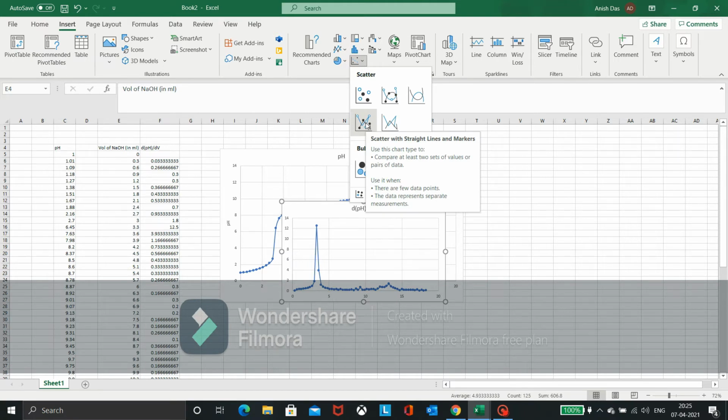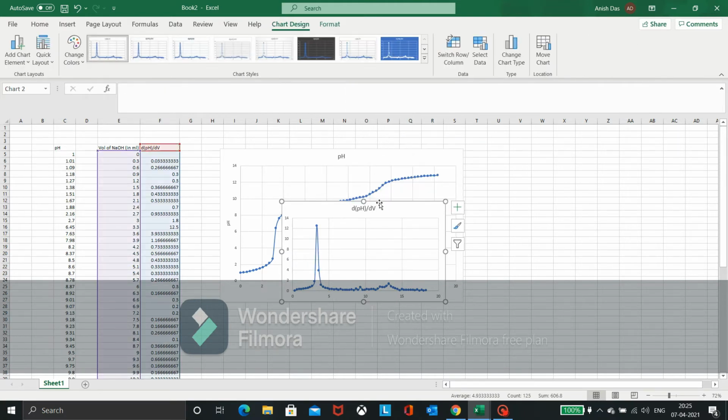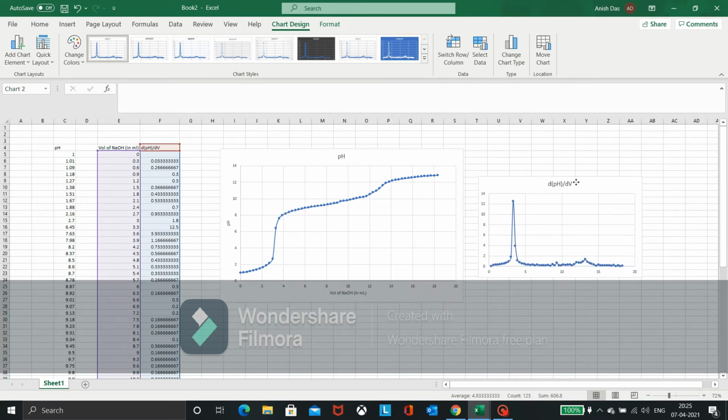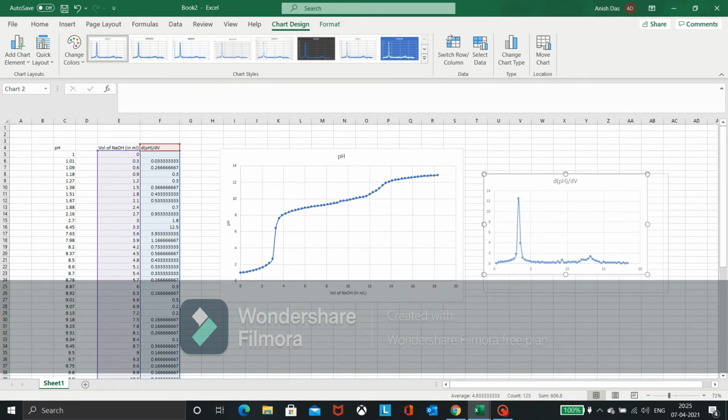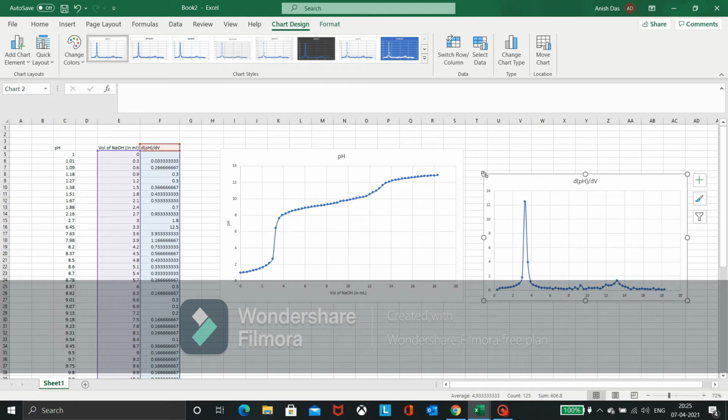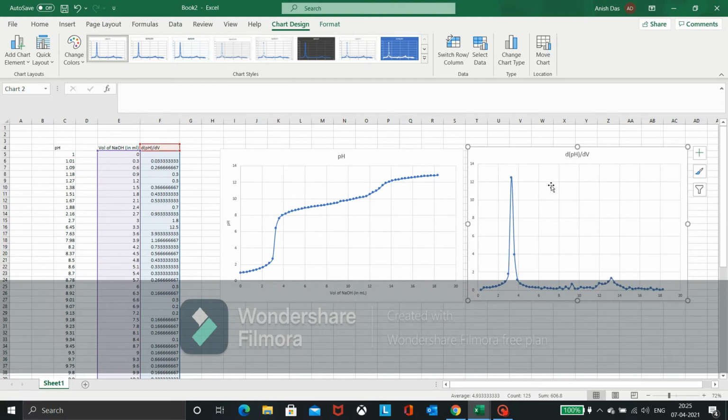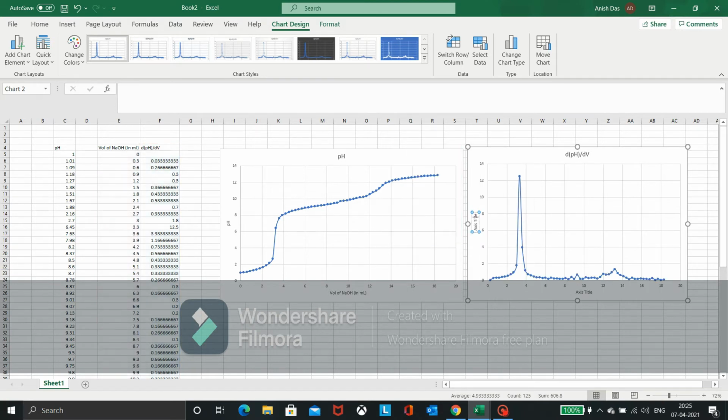Okay, so here is our graph, and we can see that there are a few peaks.